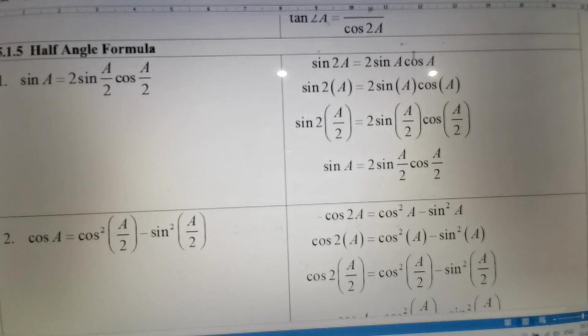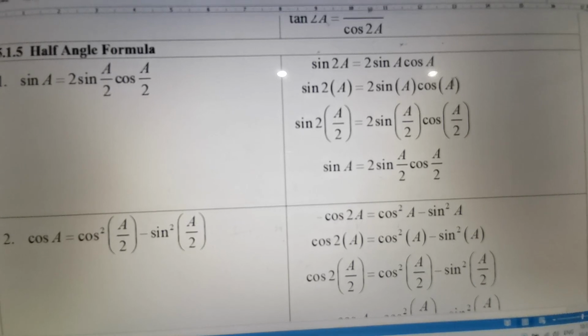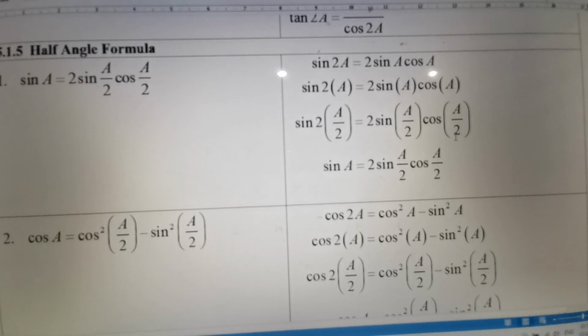Okay, class, see here properly. The A and the A, I put it in the bracket. I just alter A to A over 2, A to A over 2.